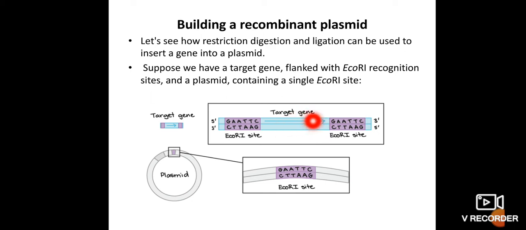Suppose we have a target gene flanked with EcoRI recognition sites, and we also have a plasmid containing a single EcoRI site. So the plasmid also has one EcoRI restriction enzyme recognition site. Here we have a target gene, and then we have our plasmid.